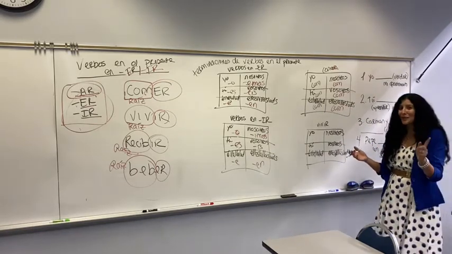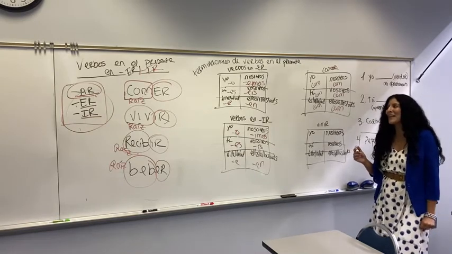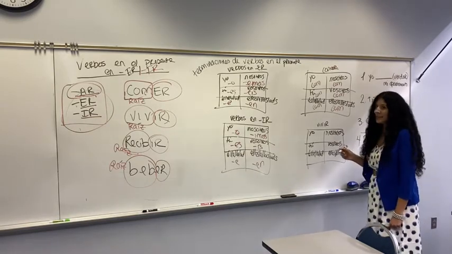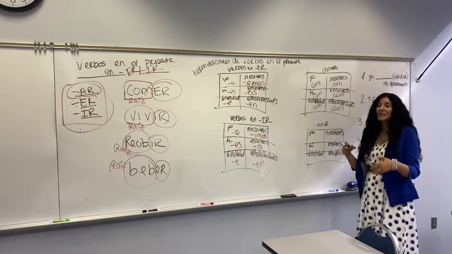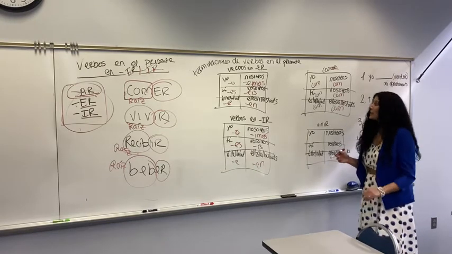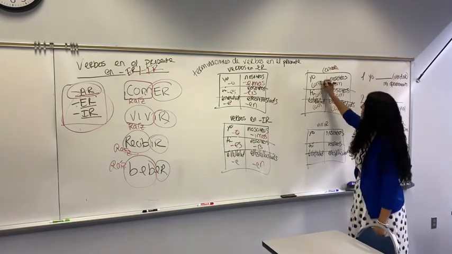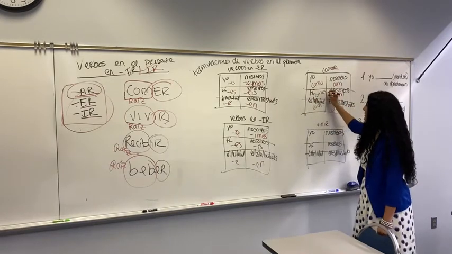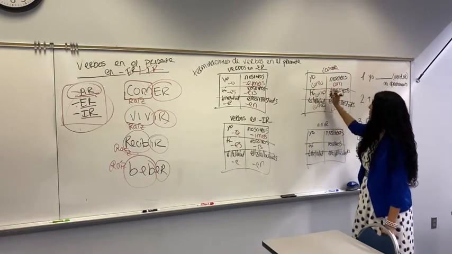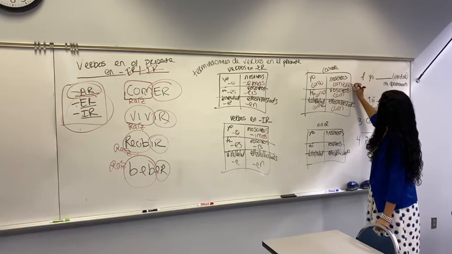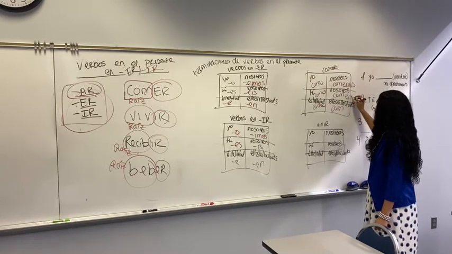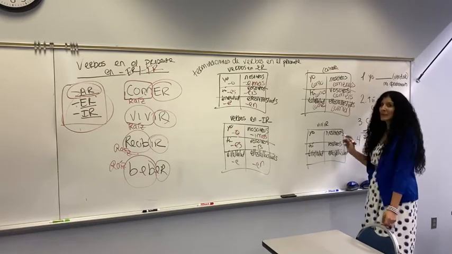I should be old hat at conjugation by now. I'm just going to use my new endings to indicate that I have an ER verb. So here, como, comes, come, comemos, perdón, coméis, y comen.